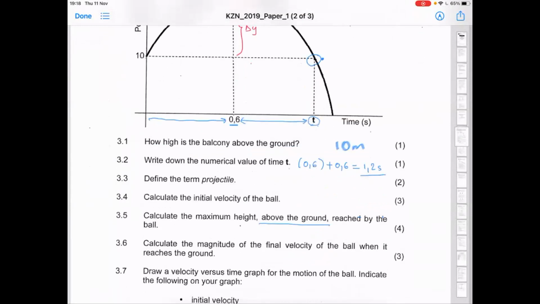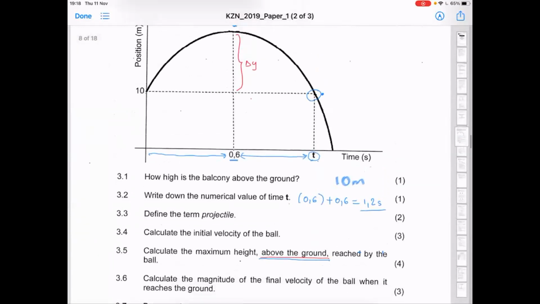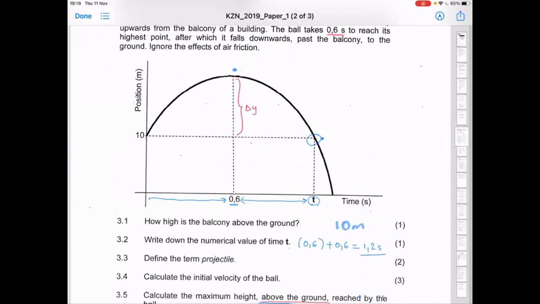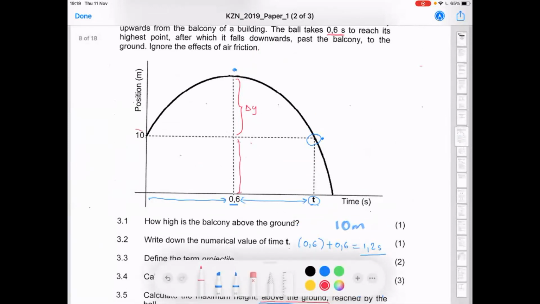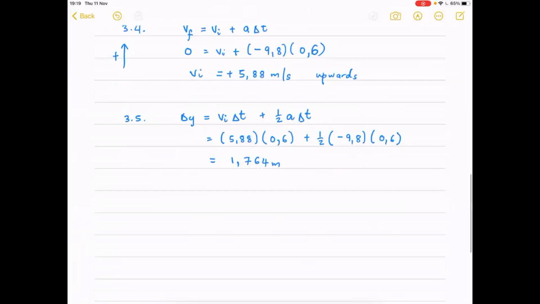It said, calculate the maximum height above the ground. So our answer is not complete because the maximum height above the ground is delta y plus this part here, which is 10 meters. So the maximum height is equal to 10 meters plus 1.764.